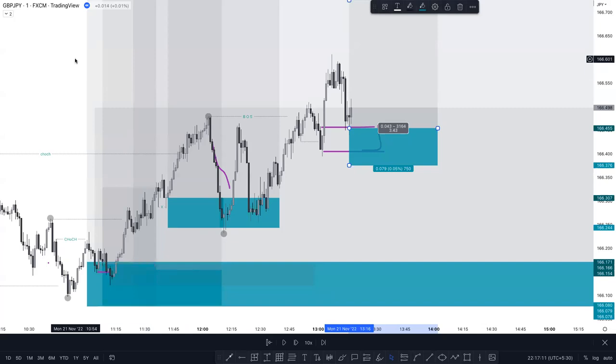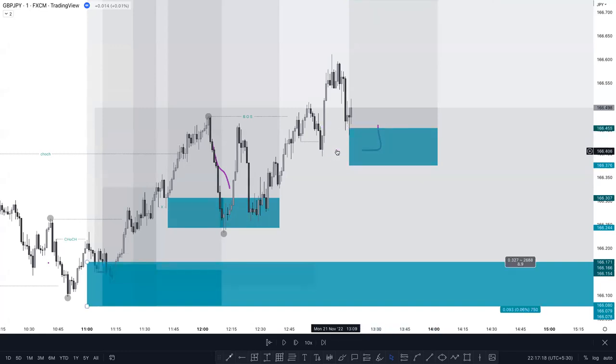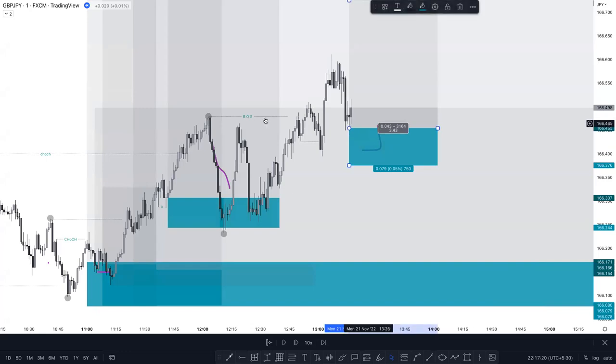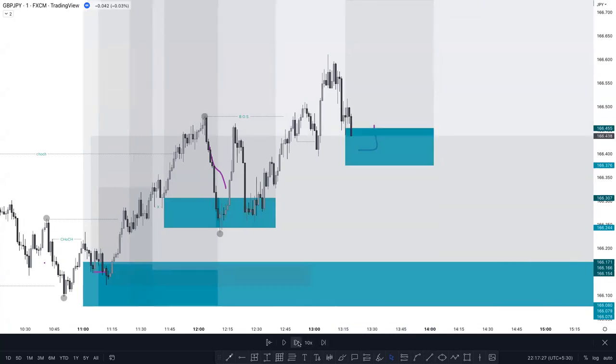And I put the stop loss just below it. And let's see. Okay, perfect.